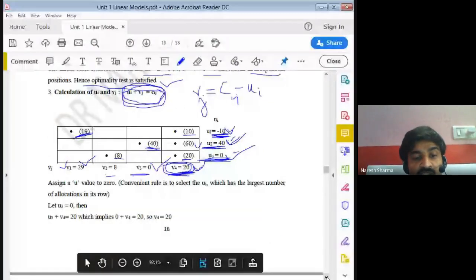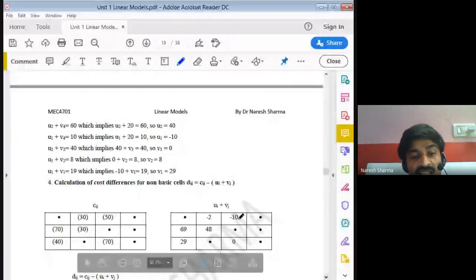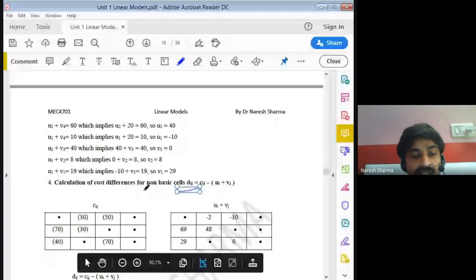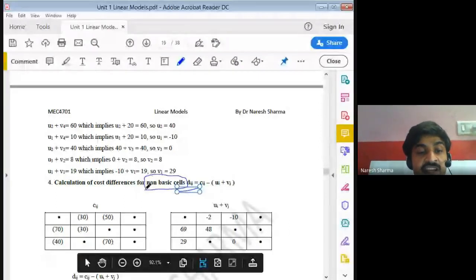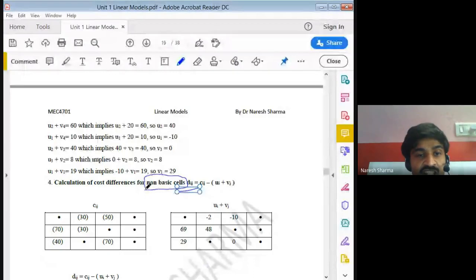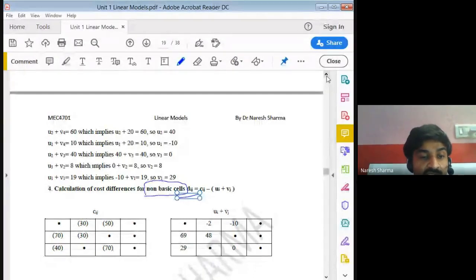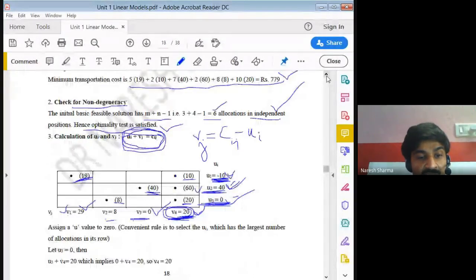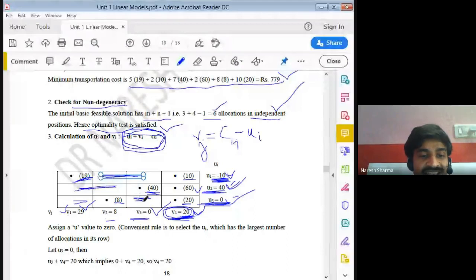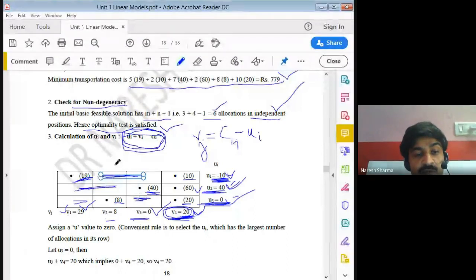now you calculate your Dij for the non-basic cells. So what does it mean? Non-basic means the cells where allocation is not present. So if you see here, these remaining cells, these two, this one, and this one, we have 6 locations. So you just write down the Cij of these locations in a new table, or you just check your Cij from your main statement.